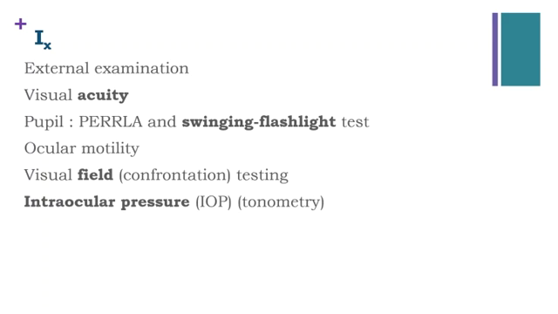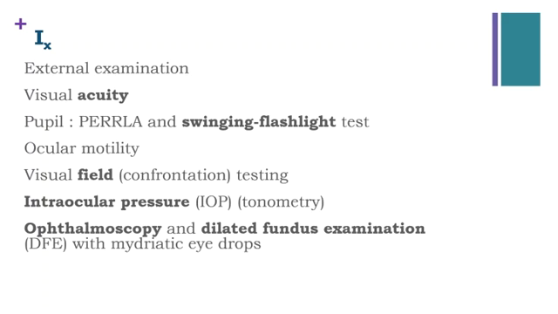Intraocular pressure can be measured by tonometry devices designed to measure the outflow and resistance to outflow of the aqueous humor from the eye. Ophthalmoscopic examination may include visually magnified inspection of the internal eye structures and also assessment of the quality of the eye's red reflex.